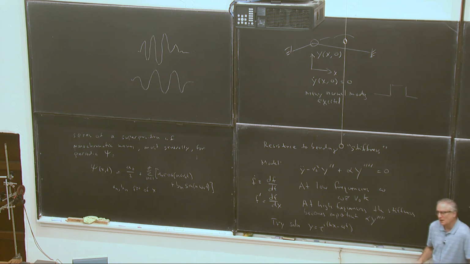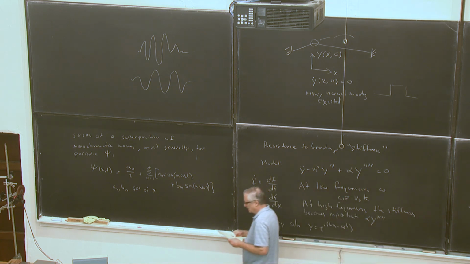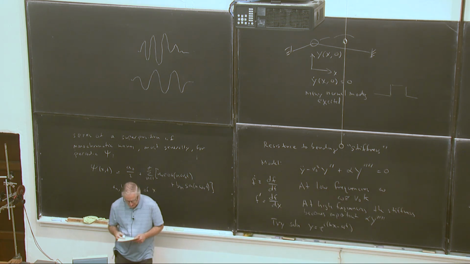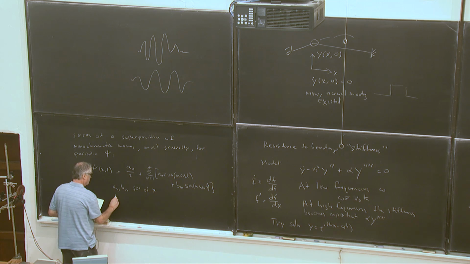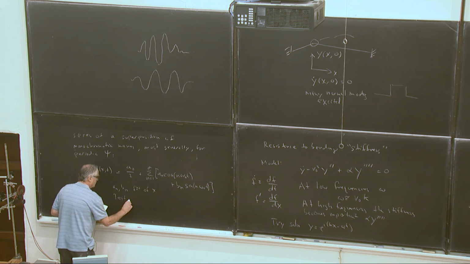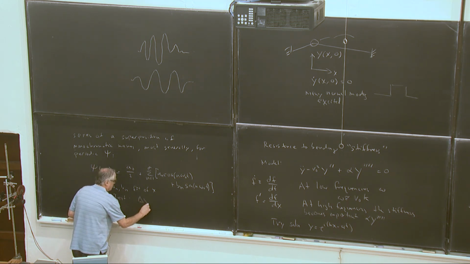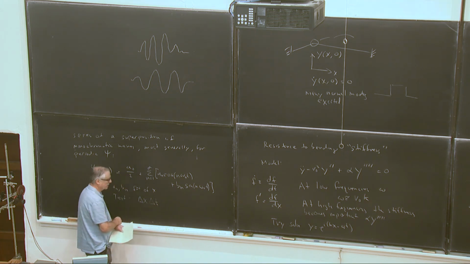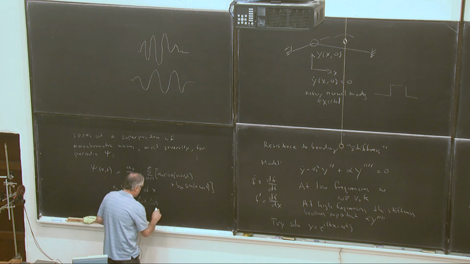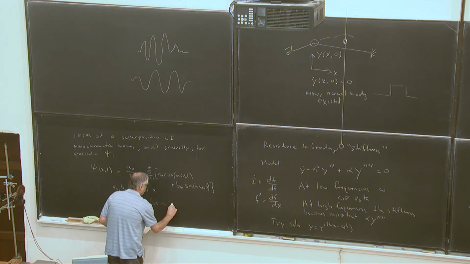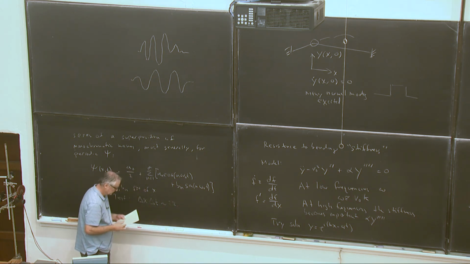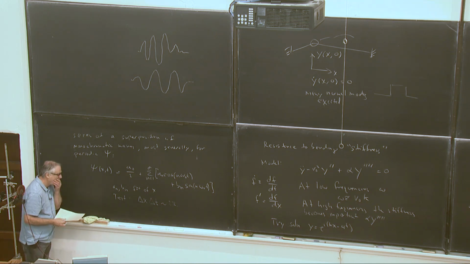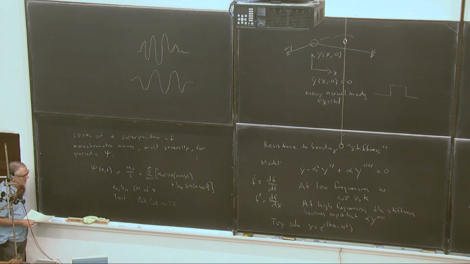And they argue that the width of any such pulse in position and time is of order 2 pi. But this is what I want to make more quantitative.